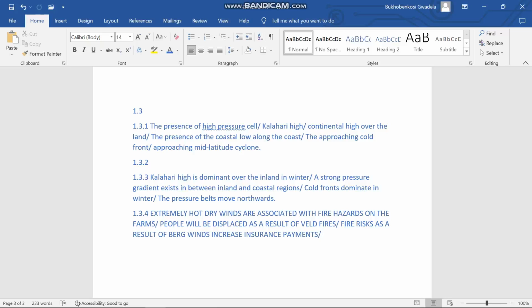That is valid. And you can also say crops will be destroyed. Crops will be destroyed. I'm going to give you a lot of reasoning, so you can choose which one you can use. So crops will be destroyed, that's all the 2 marks. Livestock burnt or dying of thirst.